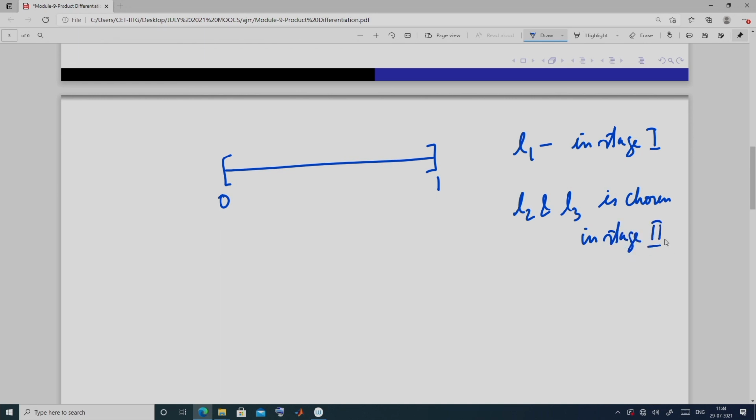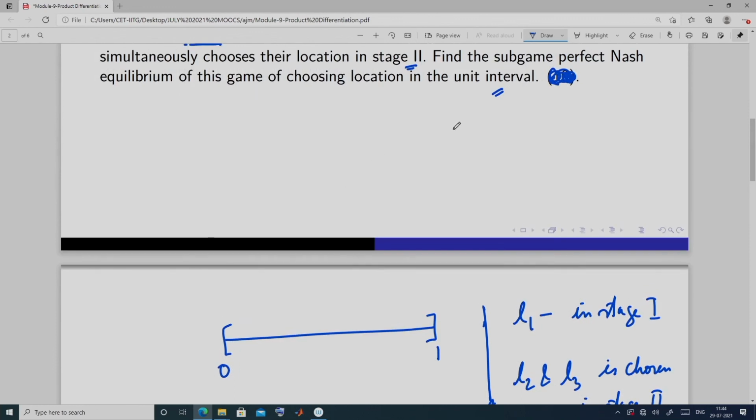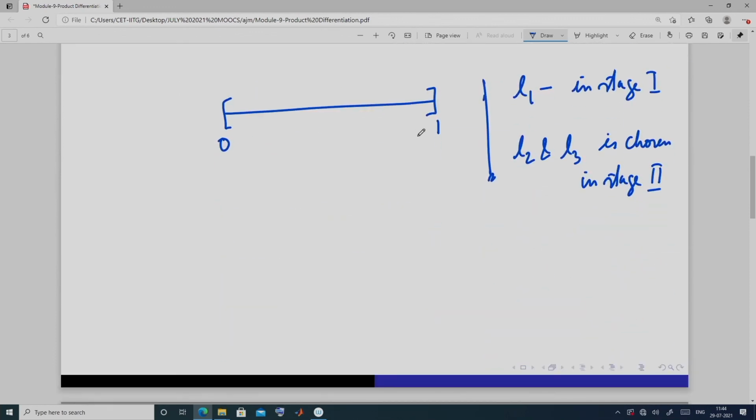We will solve this using backward induction, and we have to find the subgame perfect Nash equilibrium.